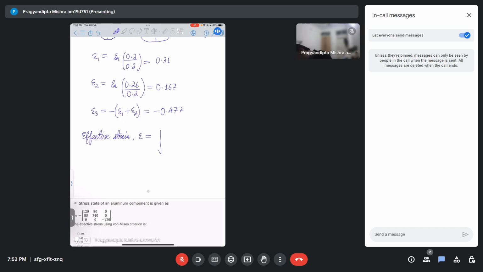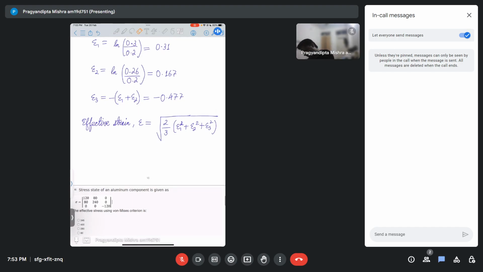Okay, so finally our effective strain epsilon is equal to root of 2 by 3 times epsilon 1 square plus epsilon 2 square plus epsilon 3 square, right? So let me just substitute and write the final answer directly. You don't have to do the whole calculation.